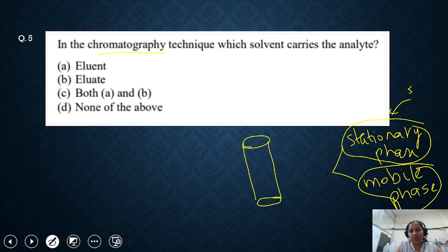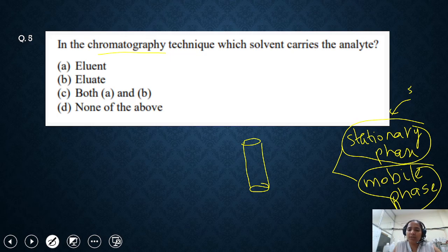Okay, suppose, just a minute, this is a column. Usually we use a column in all the different types of chromatography. This column will vary with the type of chromatography, but usually the separation occurs in this type of column.